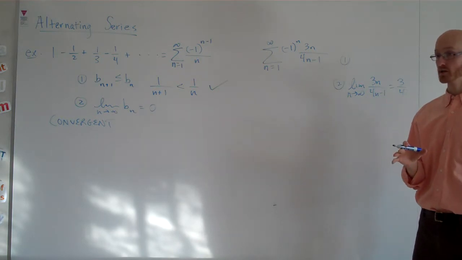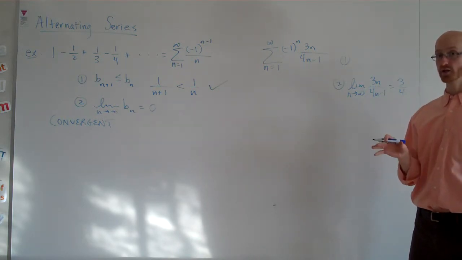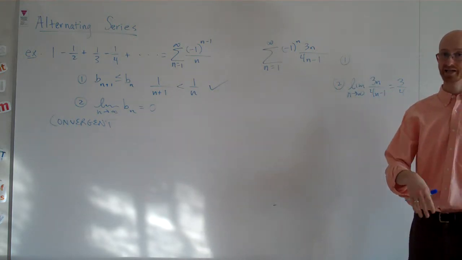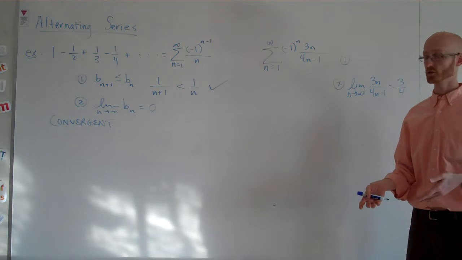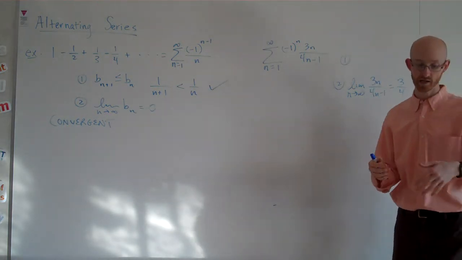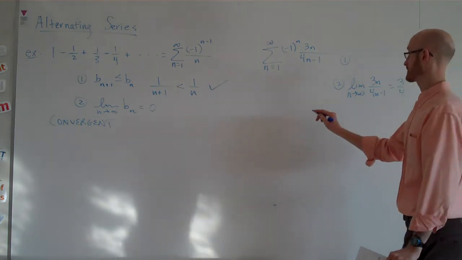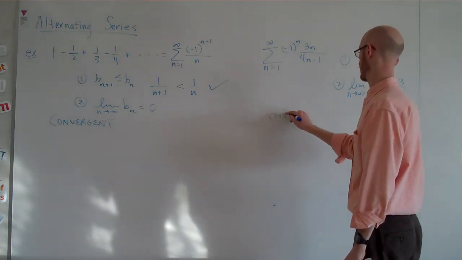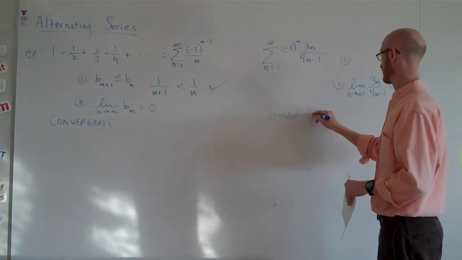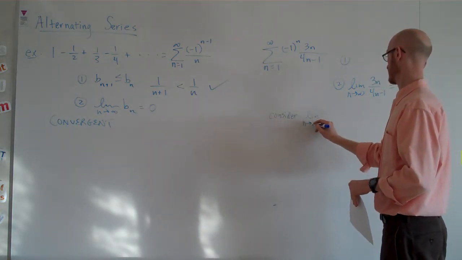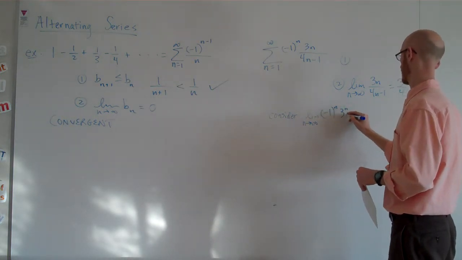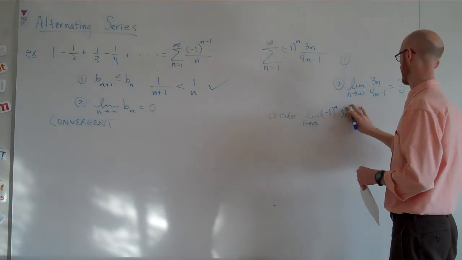So that tells us that we can't apply the alternating series test. That's not to say that immediately it's divergent. The alternating series test says, if this and this, then it's convergent. It doesn't mention the opposite. It doesn't say that if it fails one or the other, it's automatically divergent. So we will also consider the limit as n goes to infinity of this, and this will put the nail in the coffin.